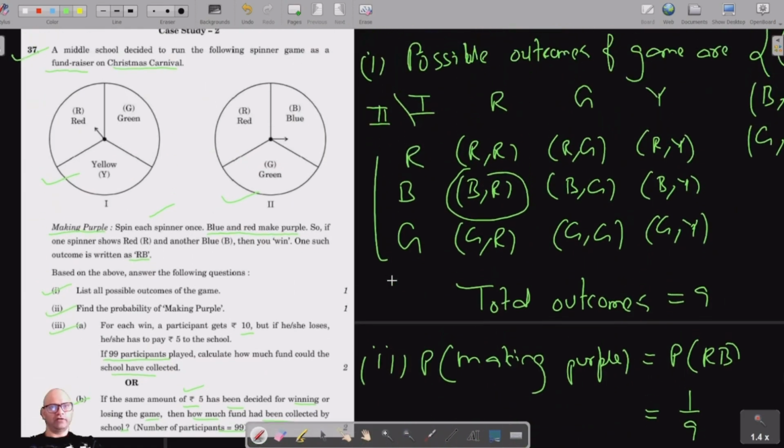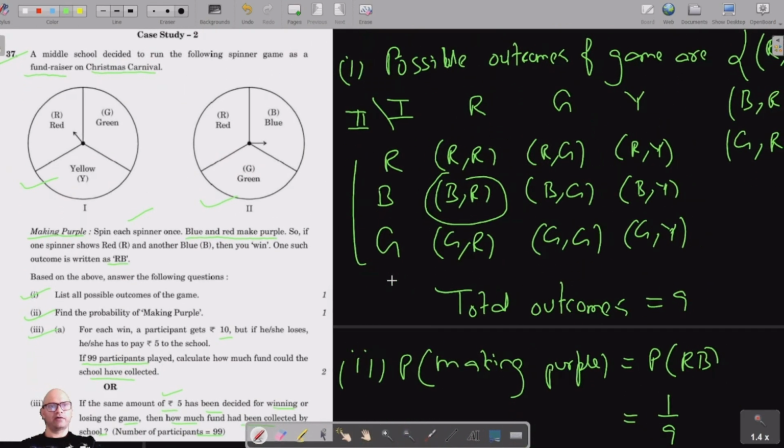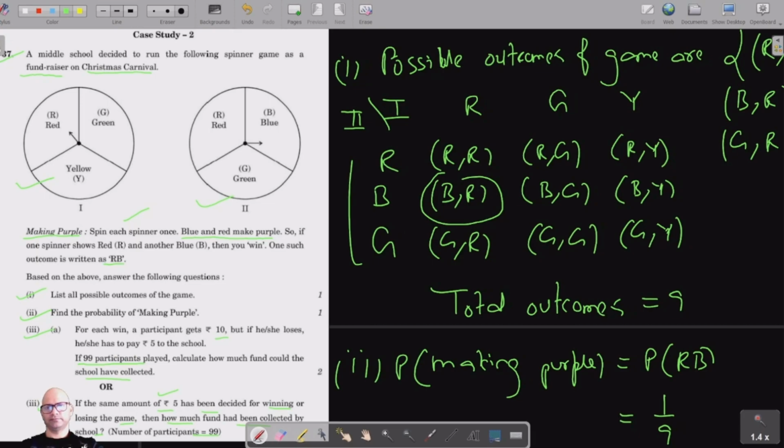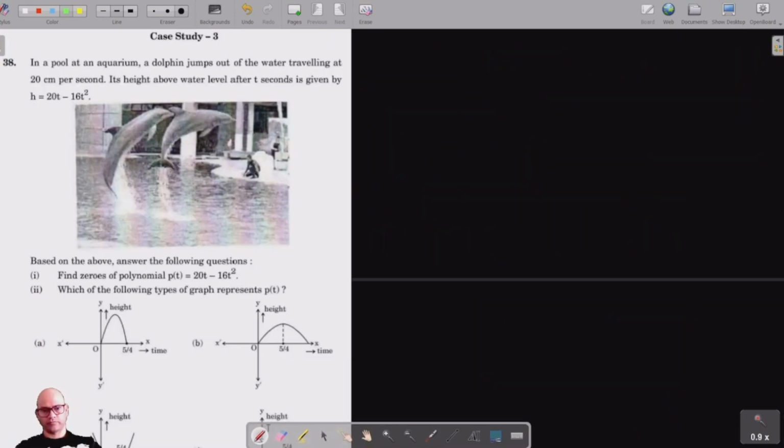Let's move on to the final one, case study 3 of this question, and that is the final question of this set. In a pool at an aquarium, a dolphin jumps out of the water like this, traveling at a speed of 20 centimeter per second.